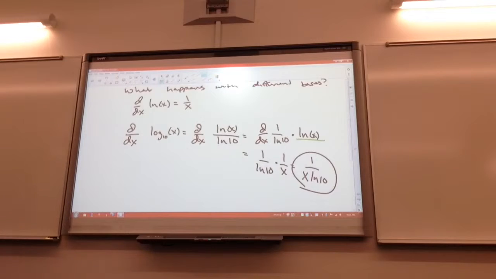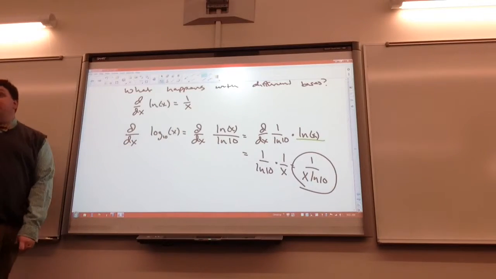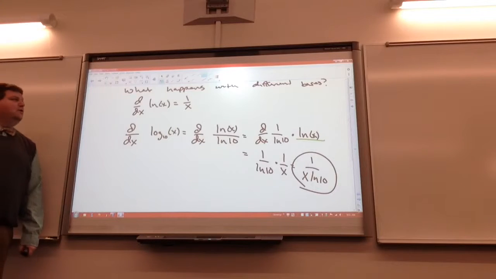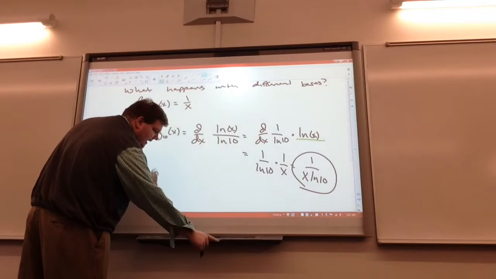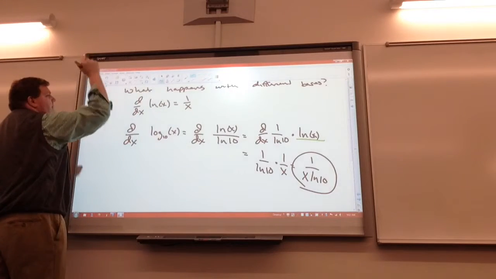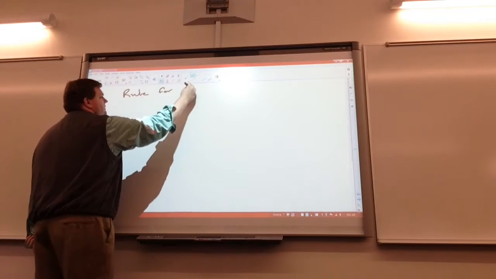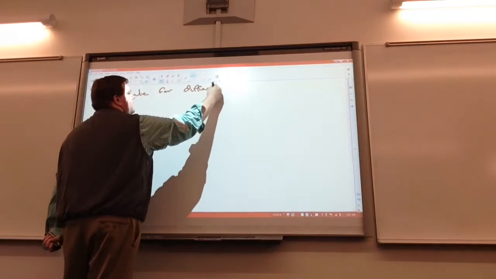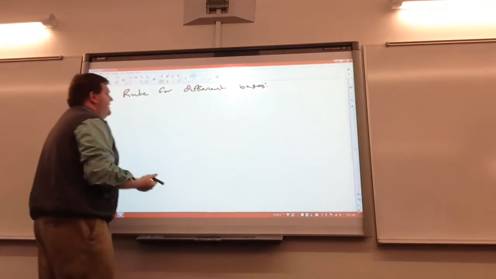But anyway, anytime you have a base that's different than the natural log, this is what you end up doing. So the rule for different bases, let's add that on there, is the following.